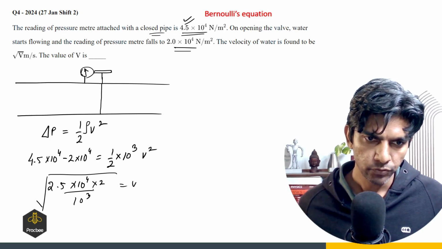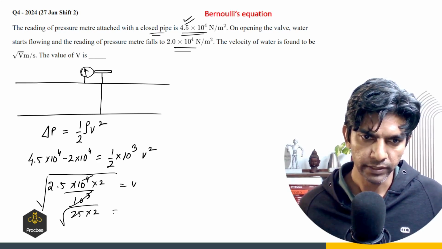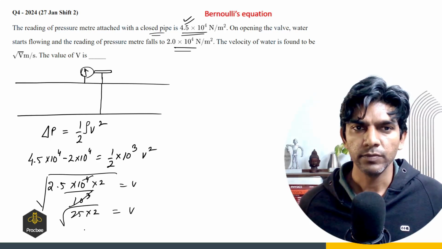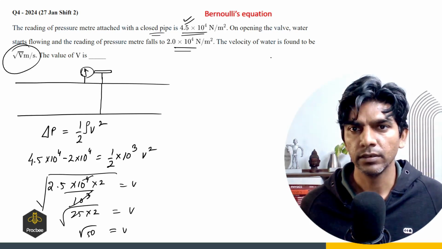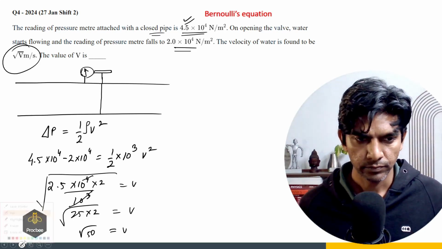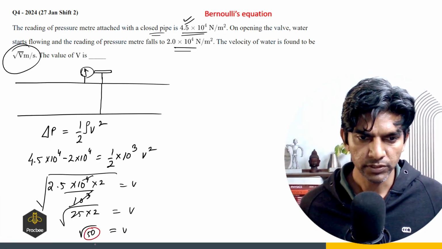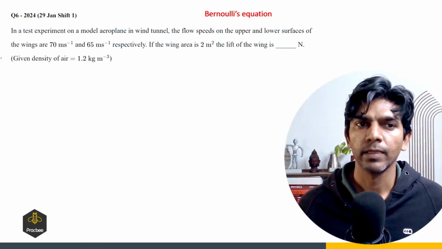So 25 times 2, root of that. So it comes out to be root 50, and they have said that the velocity is root of V. So basically this term is V, right? So V is 50. So 50 is the answer of this question.